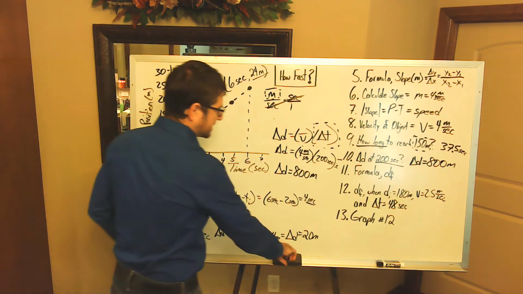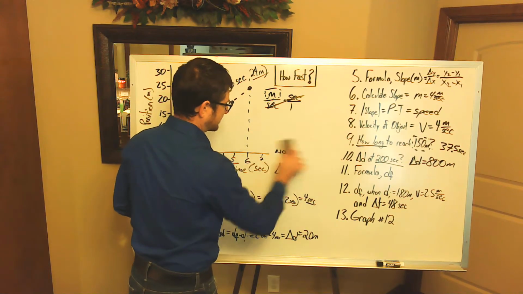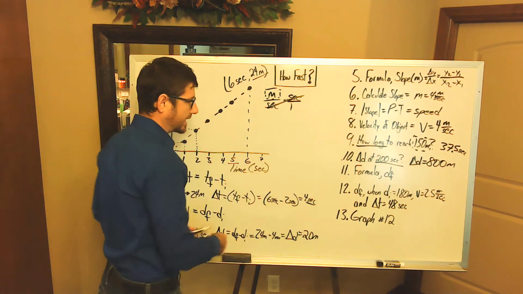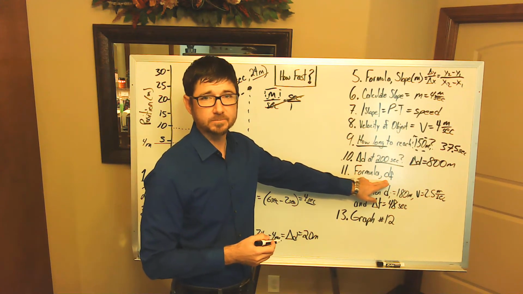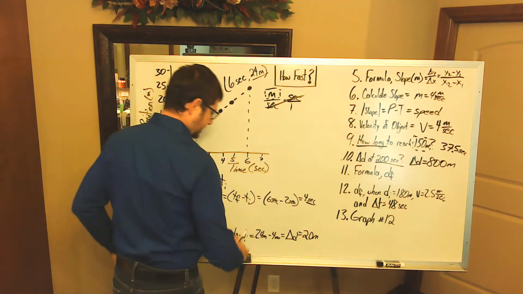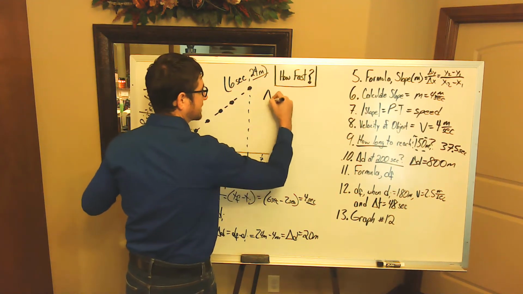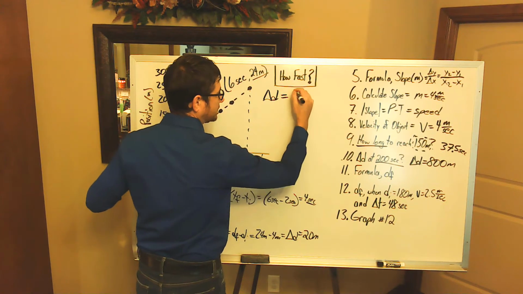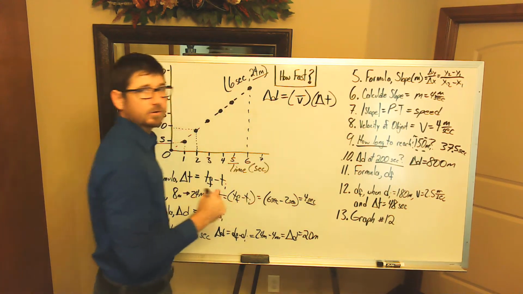Okay? Now, on number 11, it wants us to write down or identify the formula for final displacement of an object. Now, earlier I mentioned our equation for the change in displacement, delta d, is equal to our average velocity multiplied by our time interval.